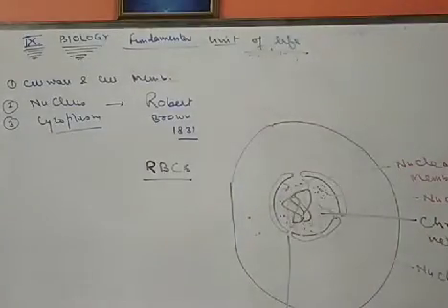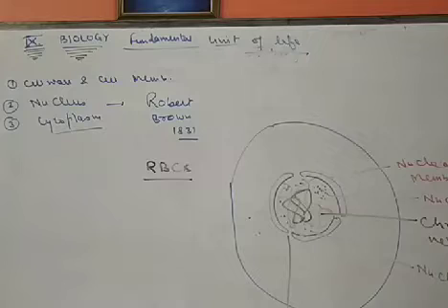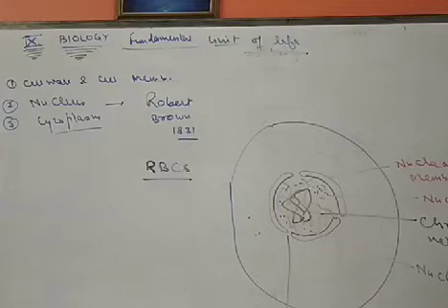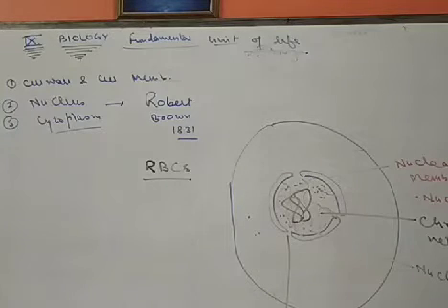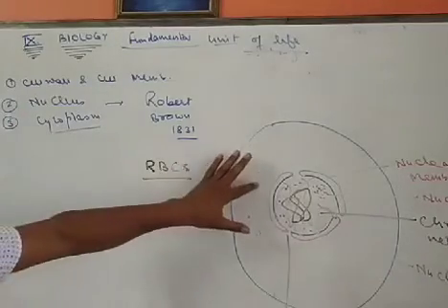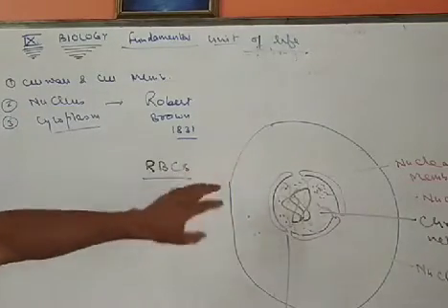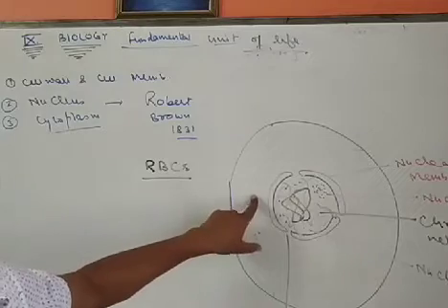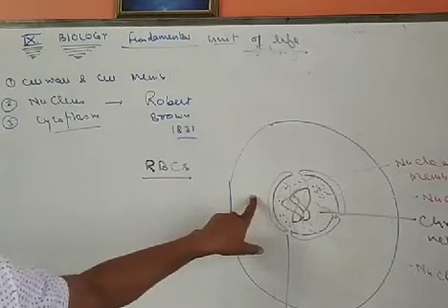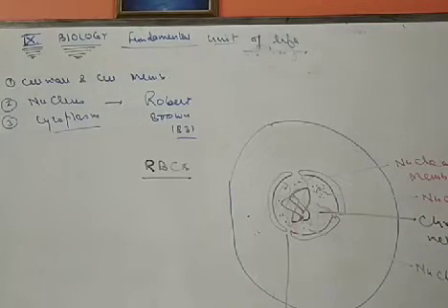Now we come to the functions of the nucleus in a cell. The nucleus, being an extremely important part of the cell, performs certain functions. The first function of the nucleus is that it is the control center of the cell. It controls all metabolic activities of the cell and hence is the control organ of the cell.